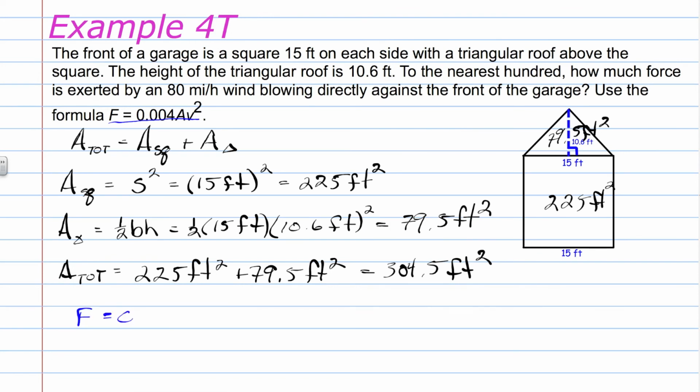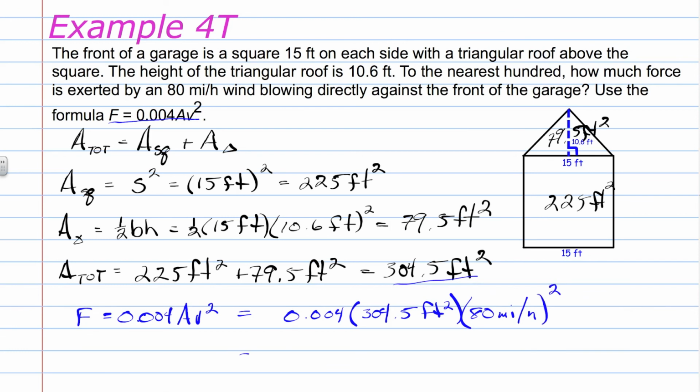The force is equal to 0.004 or 4 thousandths times the area times the velocity squared. So when we substitute in what we know, 0.004 times the area, and that's this area right here, the area total, and we multiply that by the velocity squared, and the velocity is 80 miles per hour.